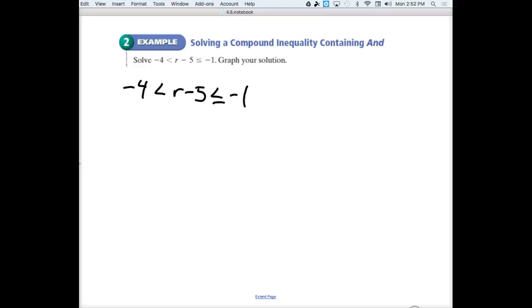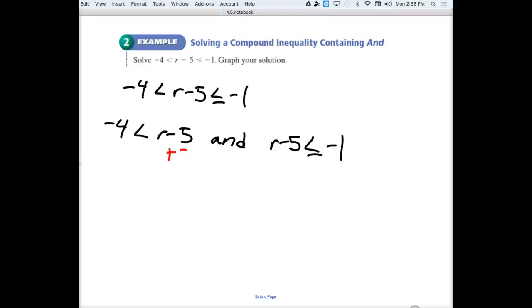So there's two ways you can solve these, which this is what your homework is for tonight. You can split it up as two different ones. So you can do -4 is less than r minus 5, and r minus 5 is less than or equal to -1. So you can certainly split it up into two inequalities and solve each one individually.